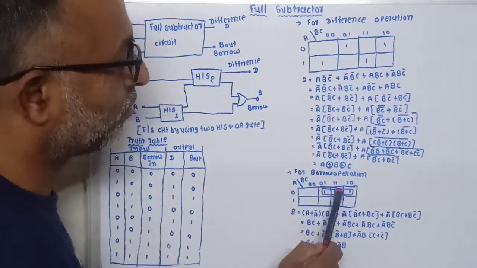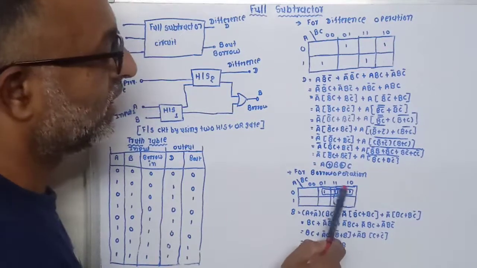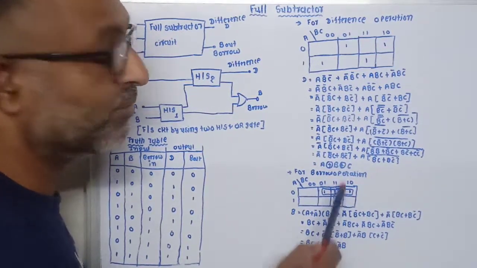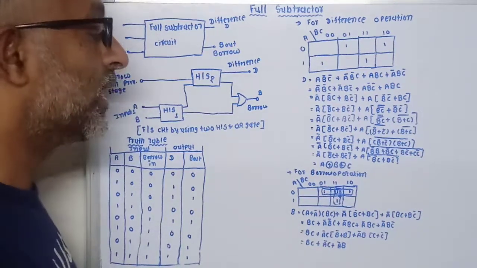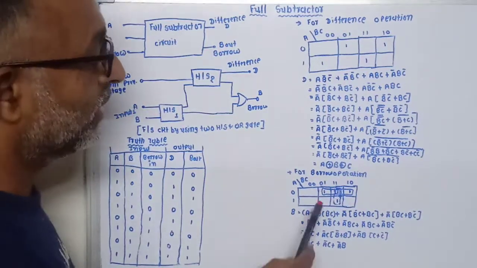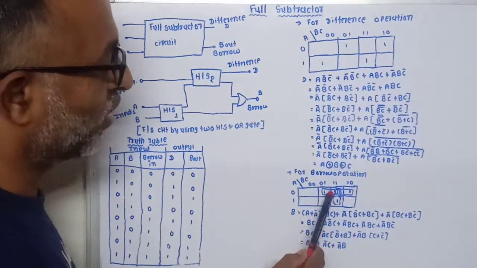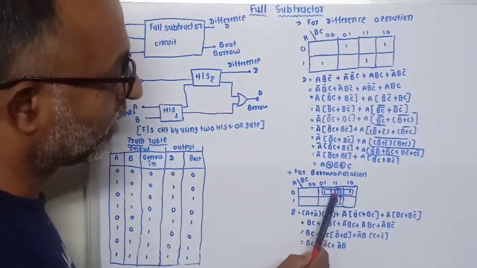So here this one and this one make one group, this one and this one make one group, and this one and this one make one group. So there are 3 groups available. Now we can write the equation for group 1.